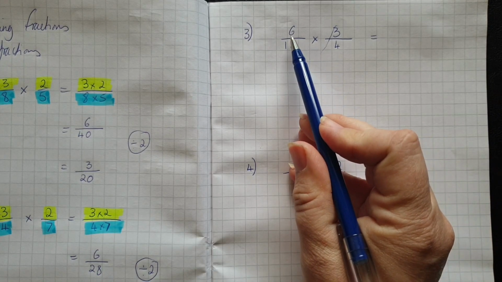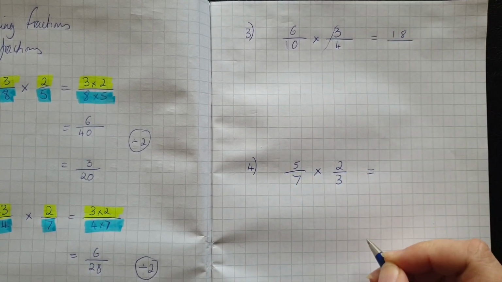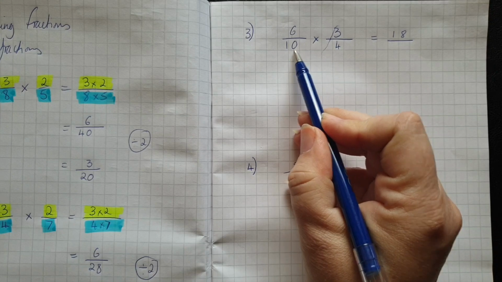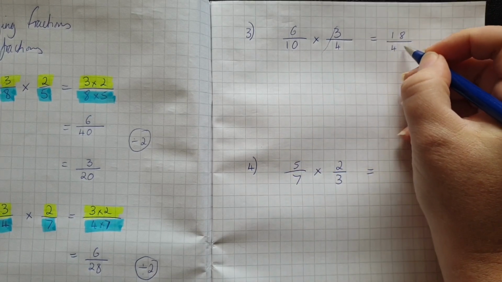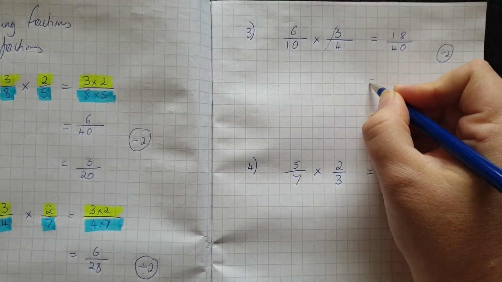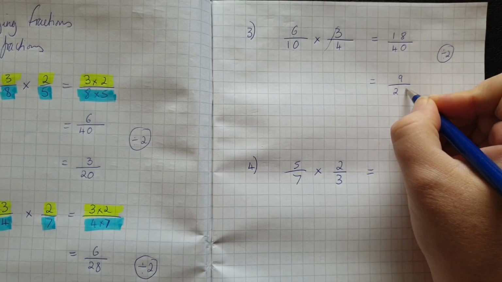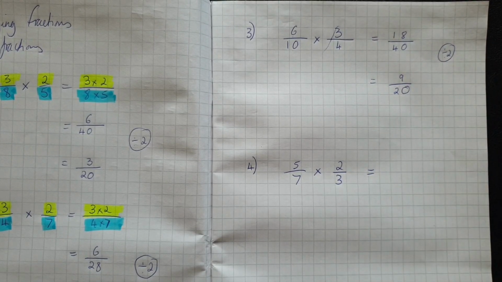As before, 6 times 3 is 18 over 10 times 4 is 40. Immediately, I've spotted they can both be divided by 2, will give me 9 over 20.